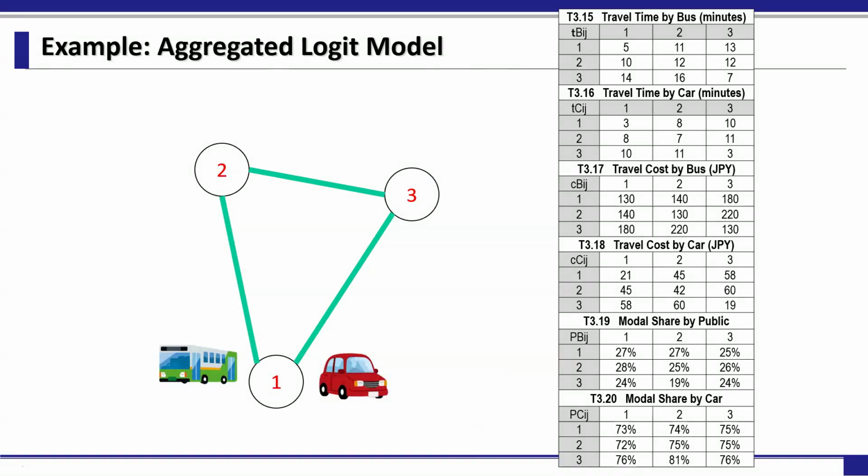Related travel choice shows these travel modes. Same as previously, the travel time by car and the travel cost by bus and car are compared, and the modal share by public transport for the actual mode choice is developed.